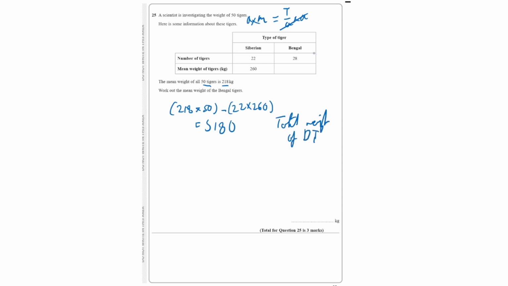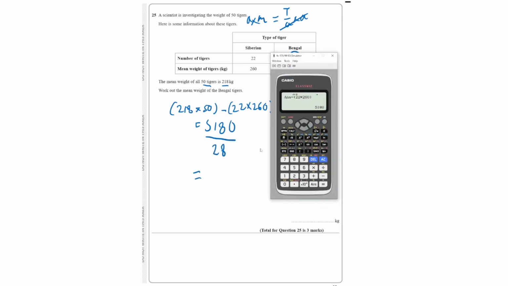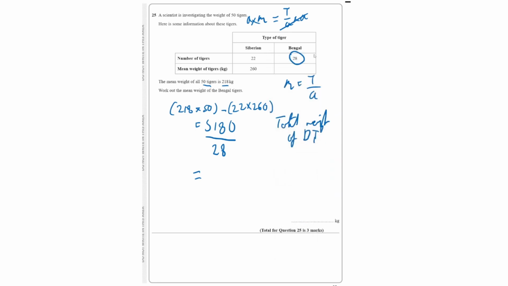We want to find the mean. So to find the mean, again, mean is equal to total divided by quantity. So we simply divide this total by how many Bengal tigers there are, which is 28. Therefore, our mean is 5,180 divided by 28. It's 185 kilograms.